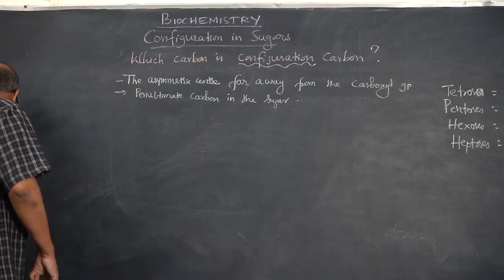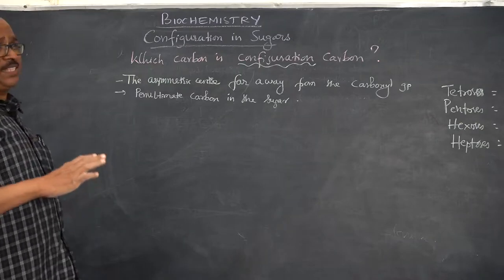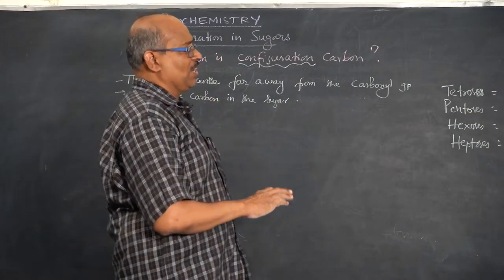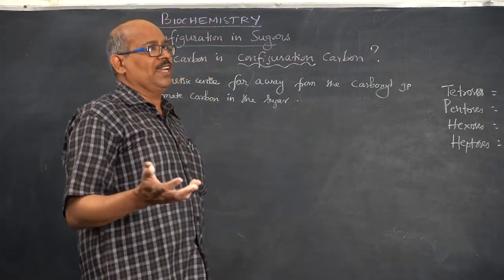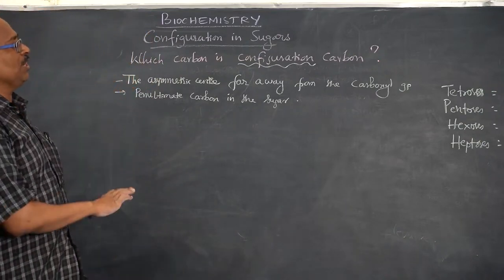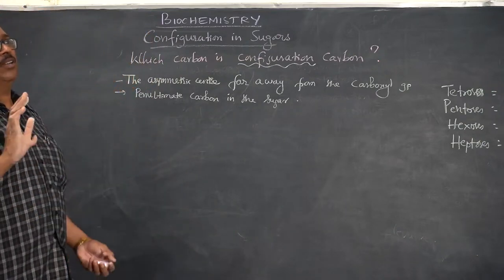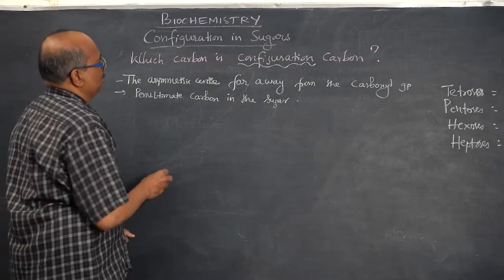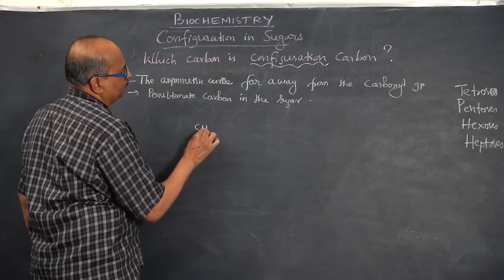So depending on whether this penultimate carbon is present in the form of D-glyceraldehyde or L-glyceraldehyde, we decide whether the sugar is D form or L form. So take this example, a tetrose.